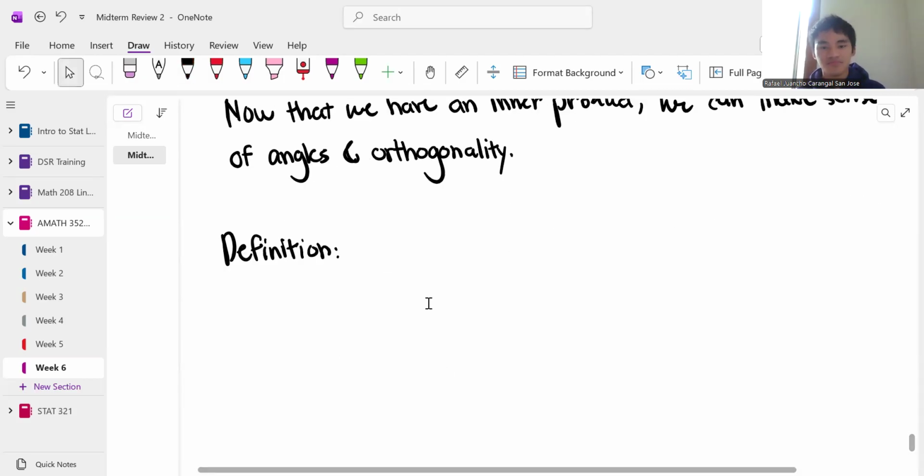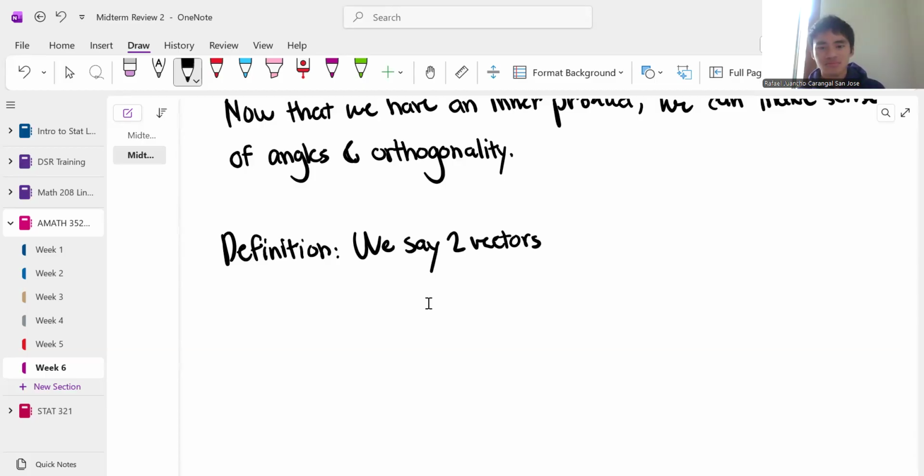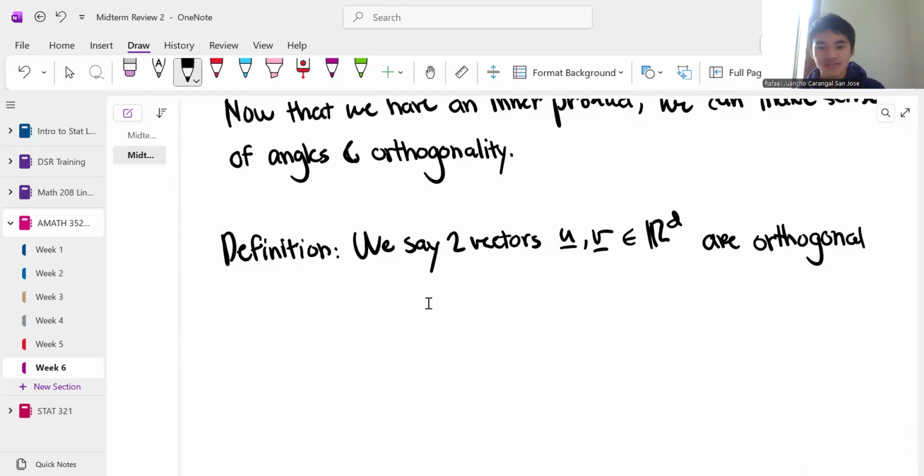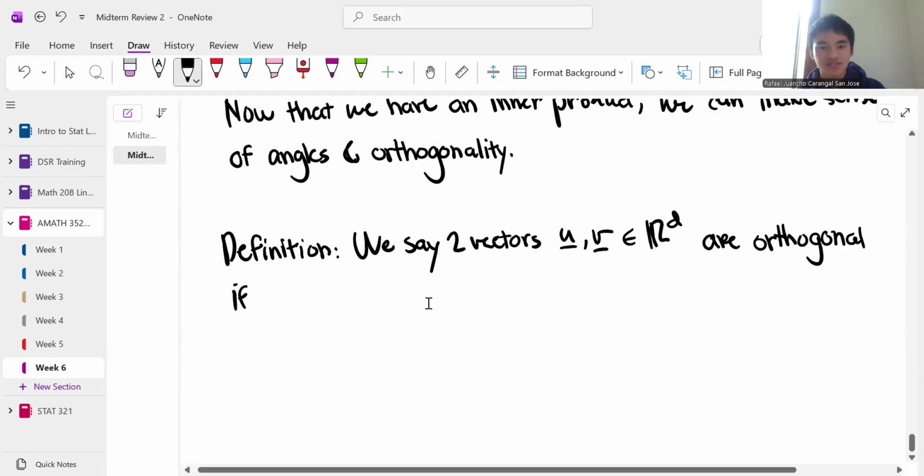Let's try. So we say two vectors, let's do typical U and V. They are d-dimensional vectors. We say they are orthogonal, and this is something we also did in calculus, if their dot product is 0.